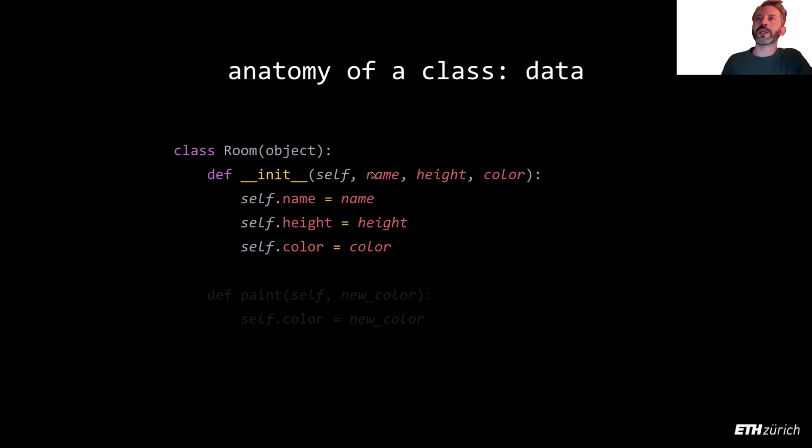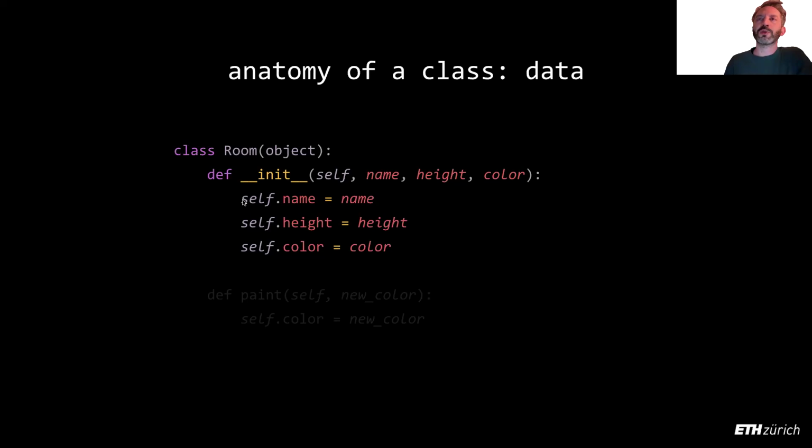So in this case, what we're saying is that to create a new instance of a room, we want to have a name, a height, and a color. And these inputs we will assign as attributes of the object.